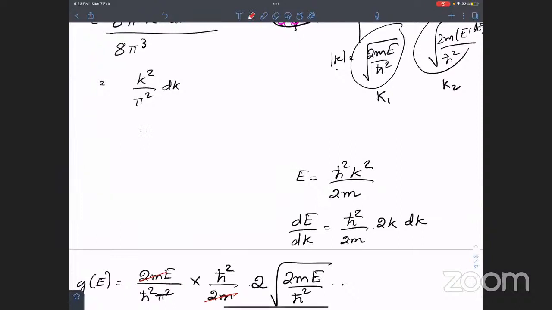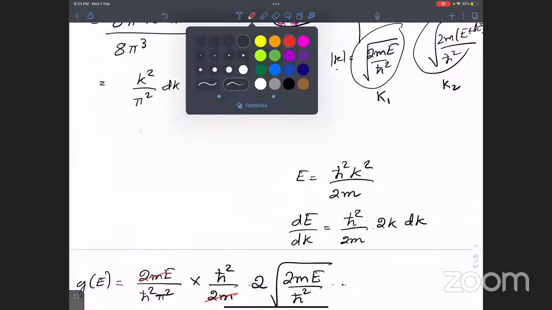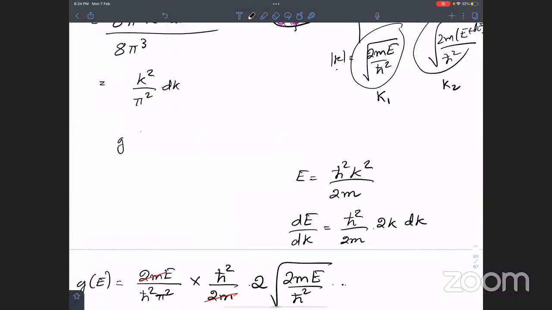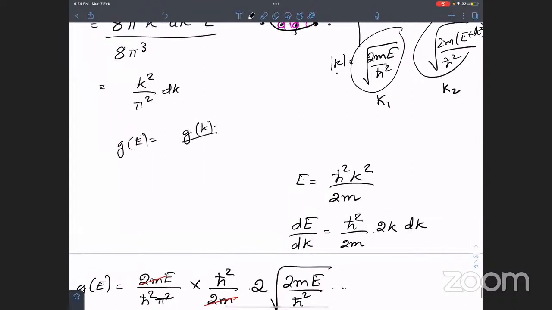So I'm interested in finding g as a function of E. So g as a function of E is g as a function of k into dk by dE. Right, so I have to do the reverse of this.